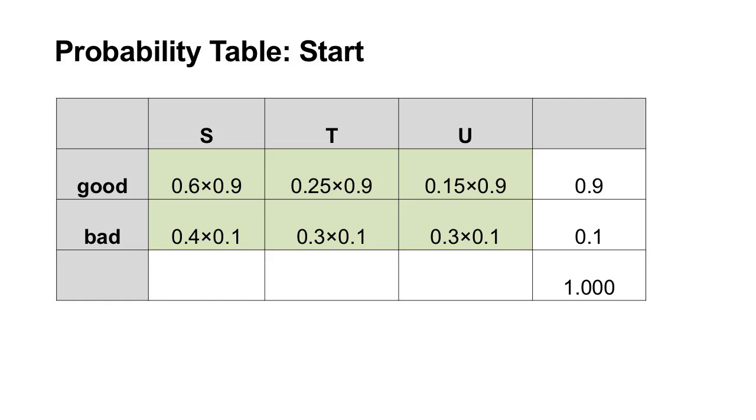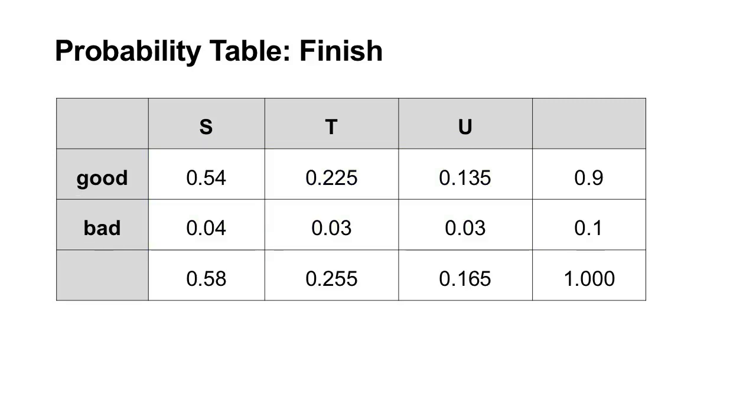So we can fill in all the probabilities in the interior, add up every column, and what do we get? Voila! There's our complete probability table. So we see 58% of all parts are from supplier S, 25.5% of all parts are from supplier T, and the remaining 16.5% are from supplier U.